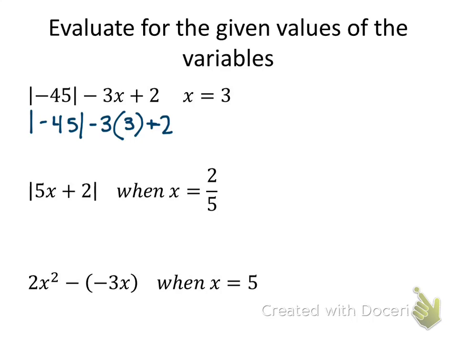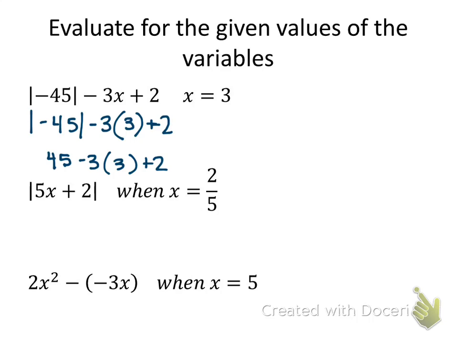Anytime you see absolute value bars in your problem and you can take care of them first, that is what I want you to do. It will make your process much easier. So what is the absolute value of negative 45? Positive 45. Once you do the absolute value, you drop the bars. You never keep them around the number. So you have 45 minus 3 times 3 plus 2.